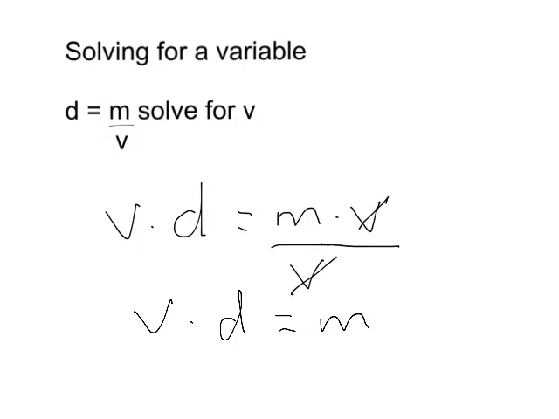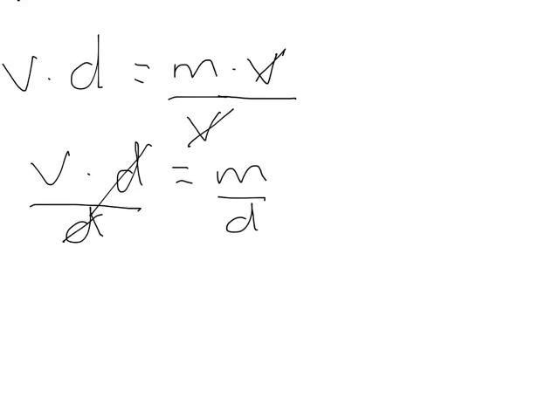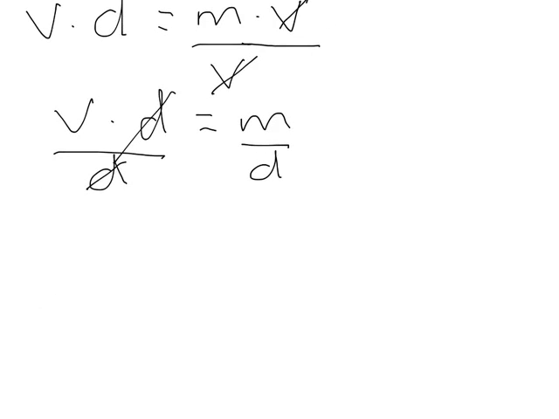Now I can cancel out this multiply by dividing both sides by D. Slide over here, and I'm going to rewrite that, and that would be my final answer.